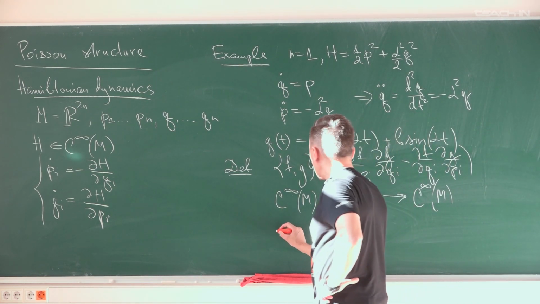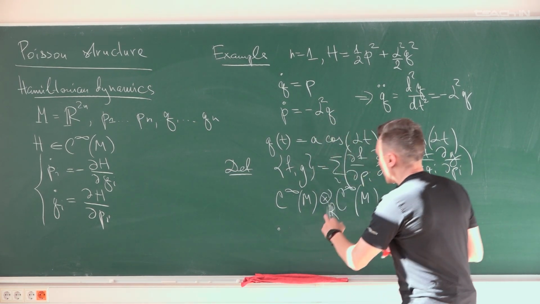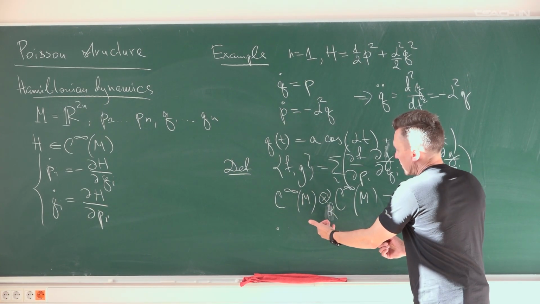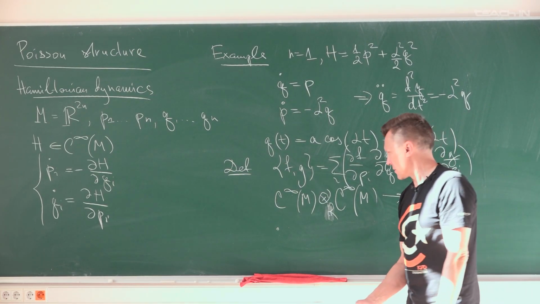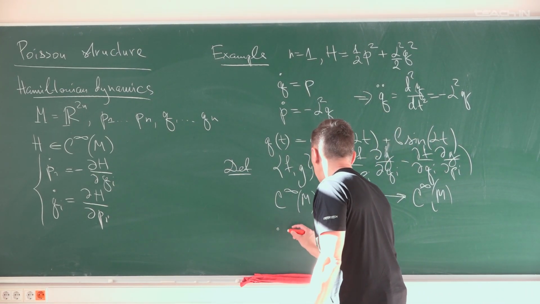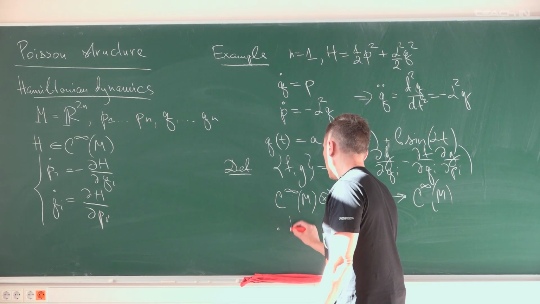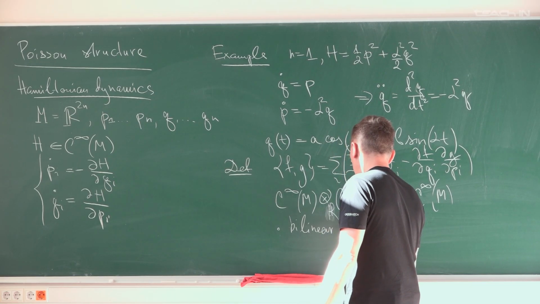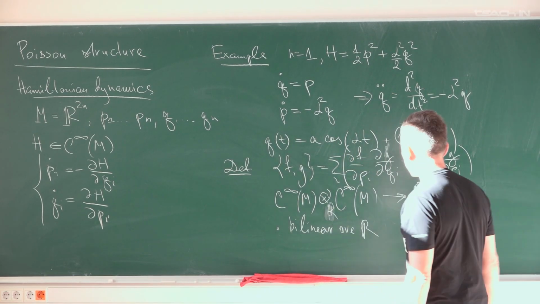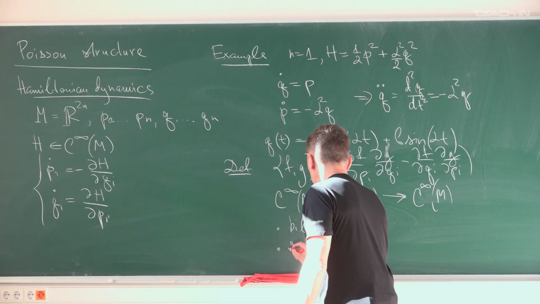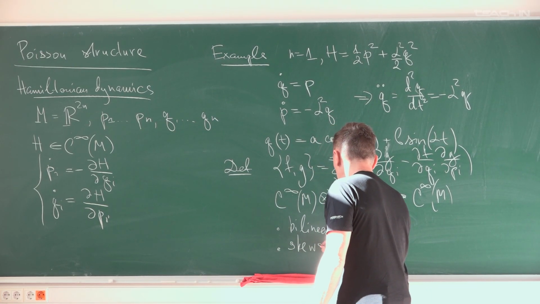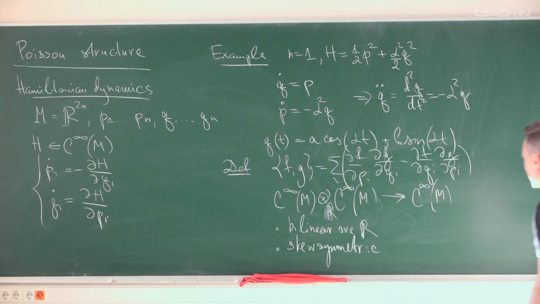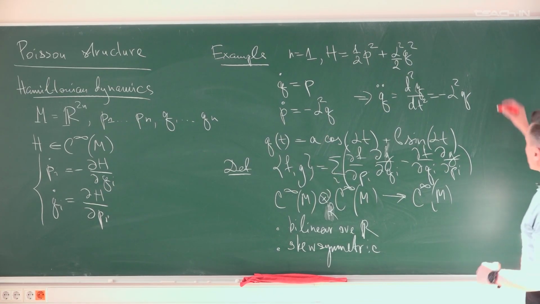So this symbol means that it is bilinear over the field of reals. It is skew-symmetric. It satisfies the Leibniz rule.